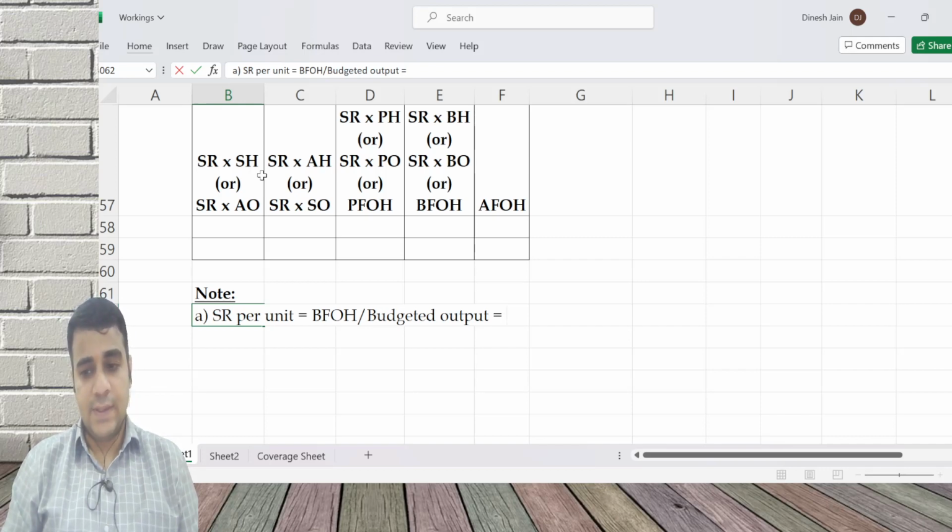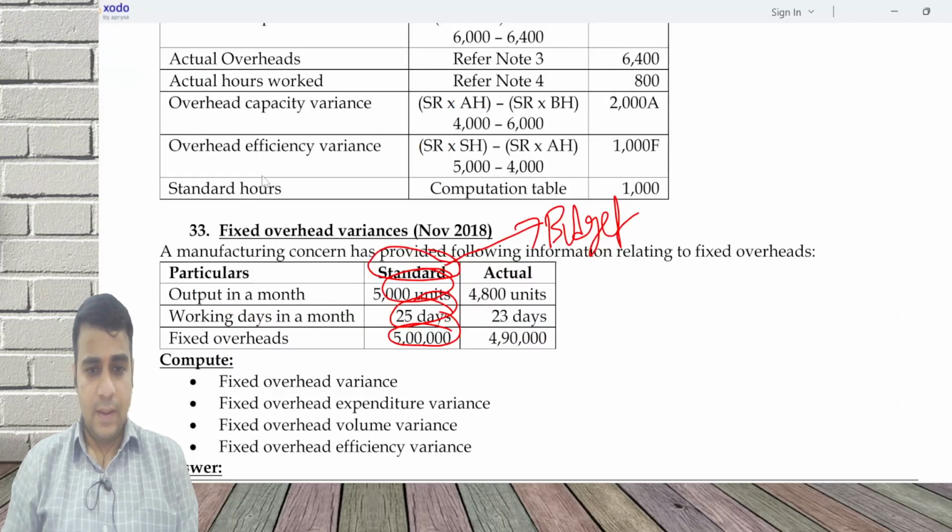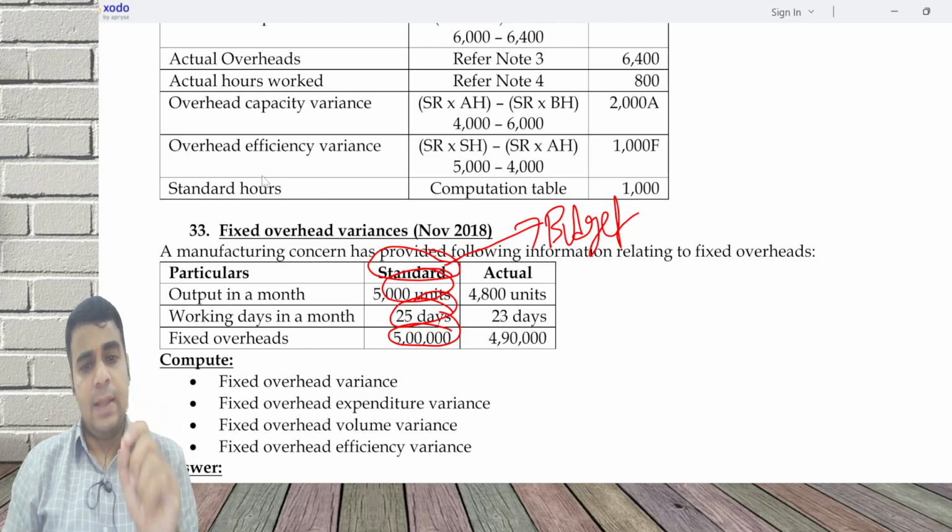Again I'm repeating, it is not standard, it is only budget. What is given in the question has to be interpreted as only budget.